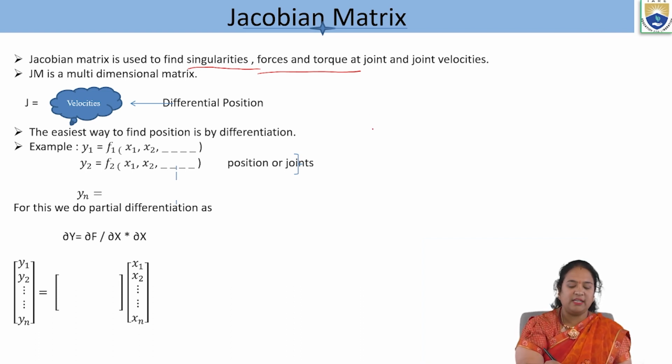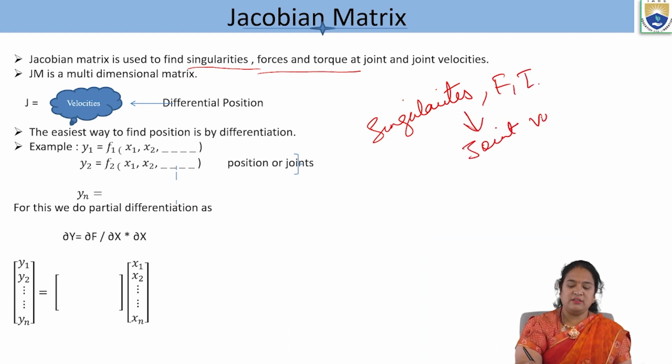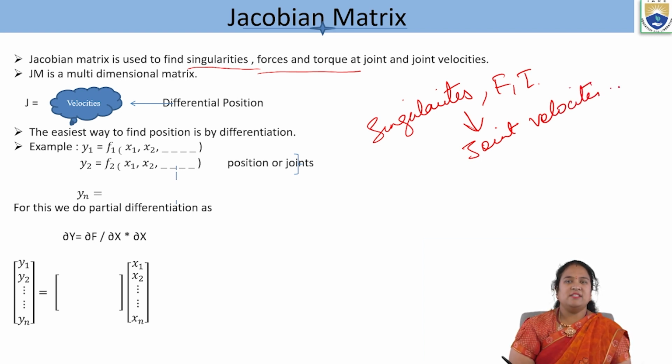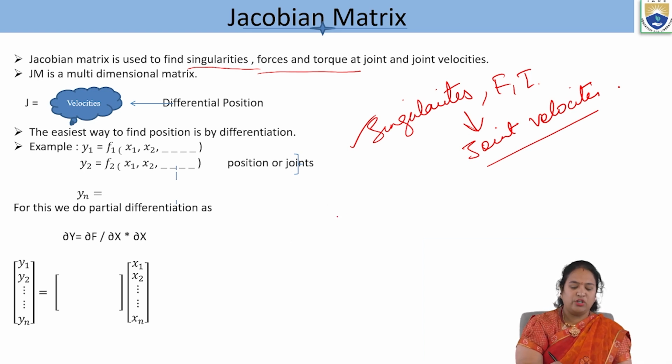Now, these singularities and force and torque will be determined with the help of the joint velocities. Right? As I've told you, the Jacobian matrix is denoted by the term J.